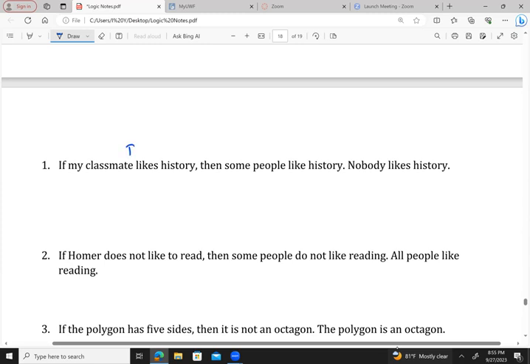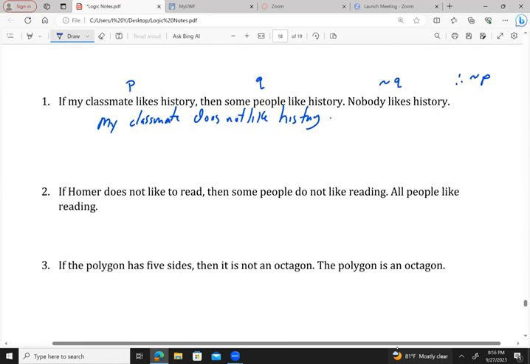So this is P, and this is Q, and this is not Q. So my result is therefore not P, which would be my classmate does not like history.